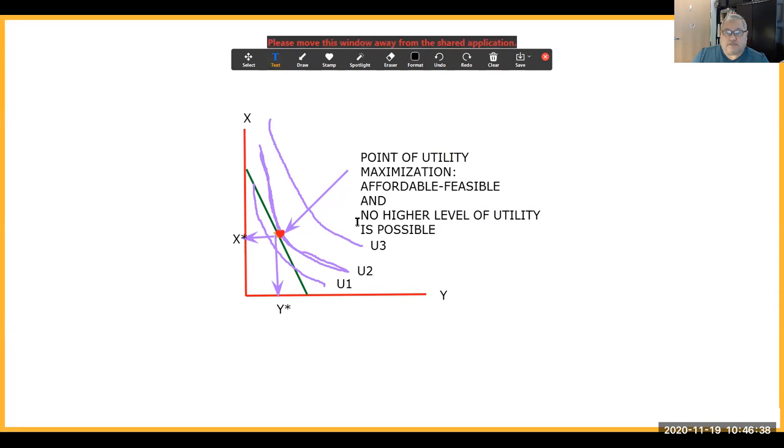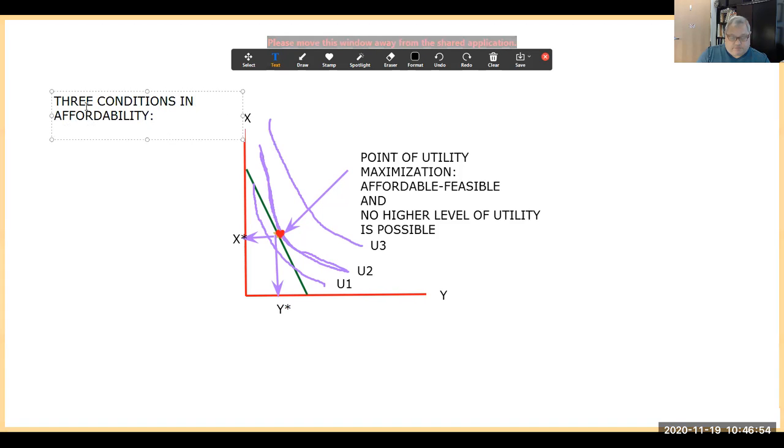What kinds of things can lead to consumers changing the amount of X and the amount of Y they consume ultimately? Well, there were three different things that we assumed to make this model happen, or three conditions in affordability. One was the level of disposable income.